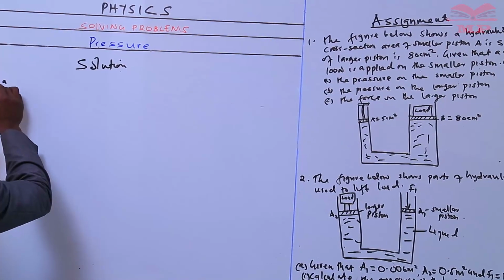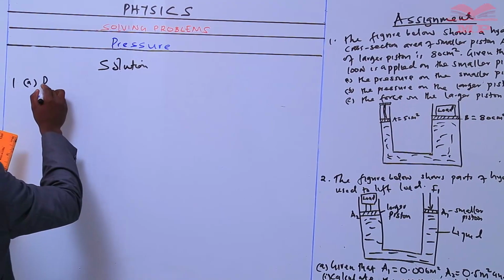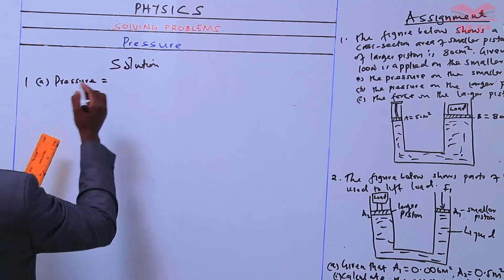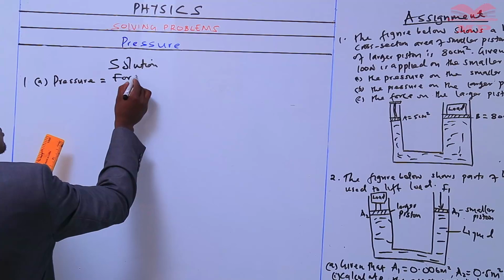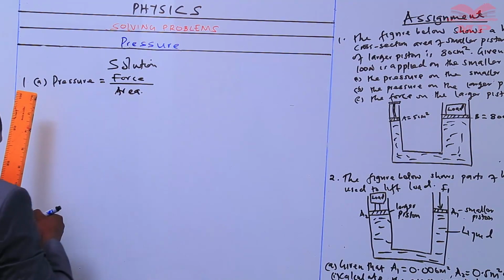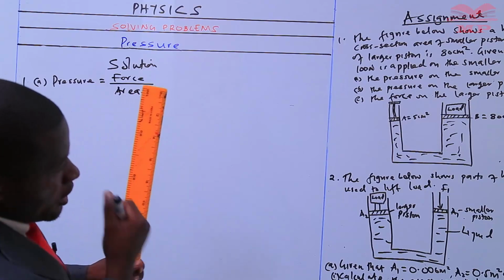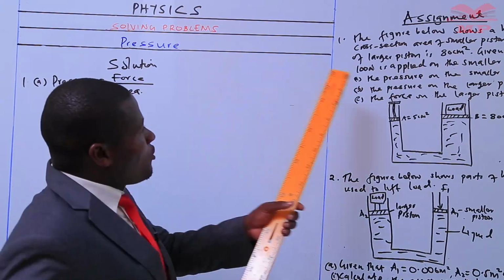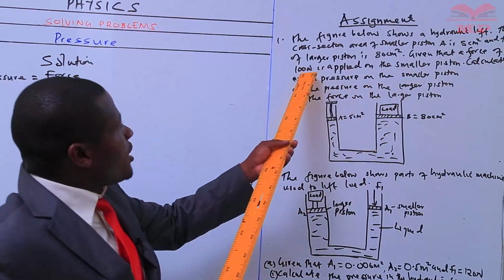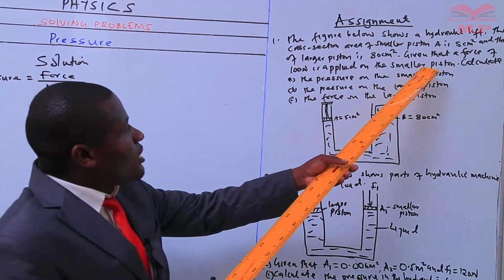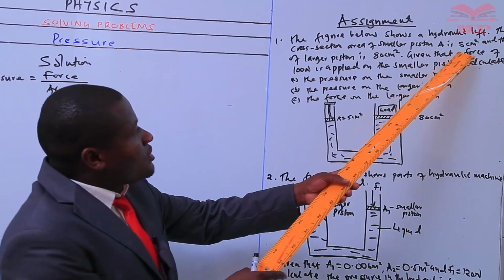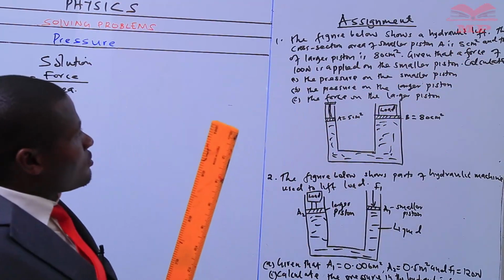That is 1A, pressure is equal to force over area. Now we have the force, given that a force of 100 Newton is applied on the smaller piston, then the area is 5 centimeters squared.